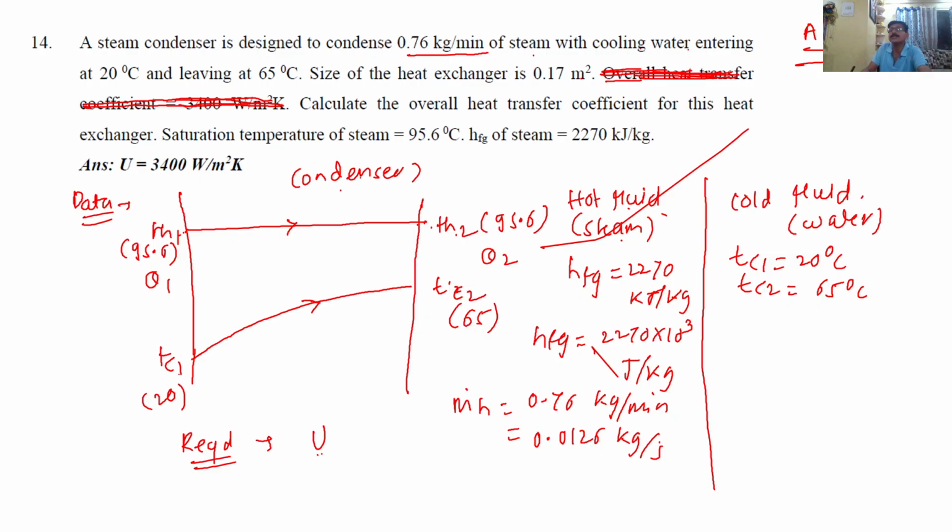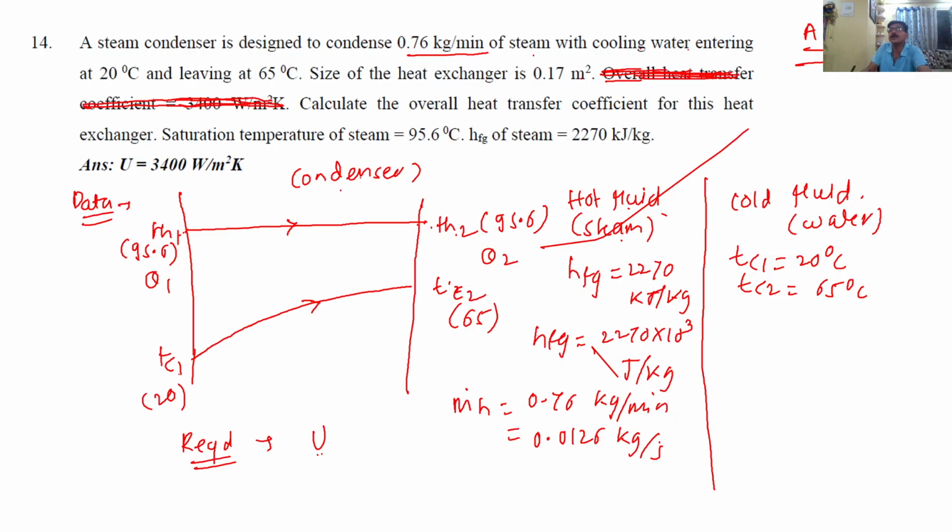Now I can use Q is equal to M dot C, CPC, TC2 minus TC1. This Q answer I can utilize to get the answer of TC2. 20,997.9 is equal to M dot C. What is M dot C? 0.8333 kg per second into what is CPC? 4200.